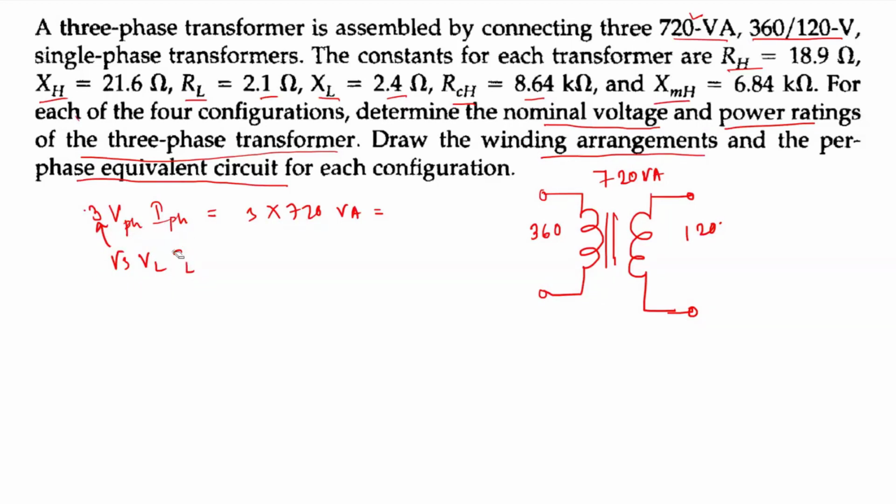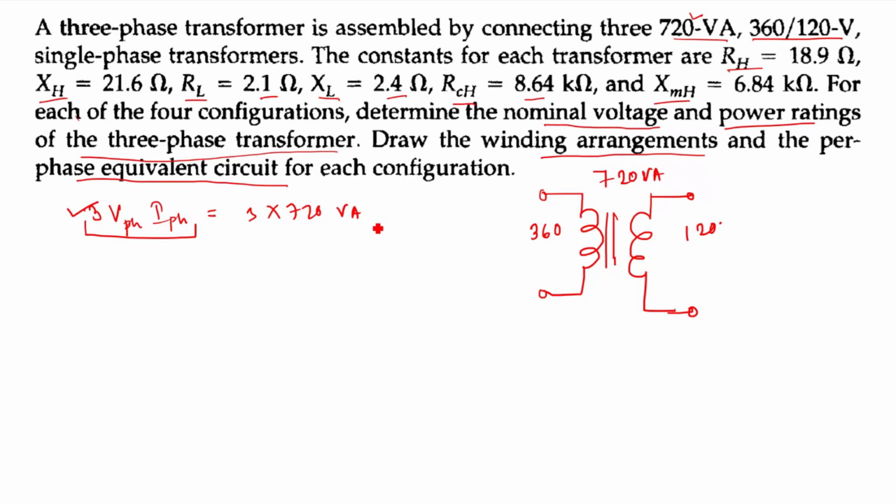That will lead to, if we convert this to per phase quantity, 3 into VPH IPH. So we have four configurations: star star, star delta, delta delta, and delta star. For each of the configurations, we have the rating of 3 VPH IPH, that means 3 into 720 VA.